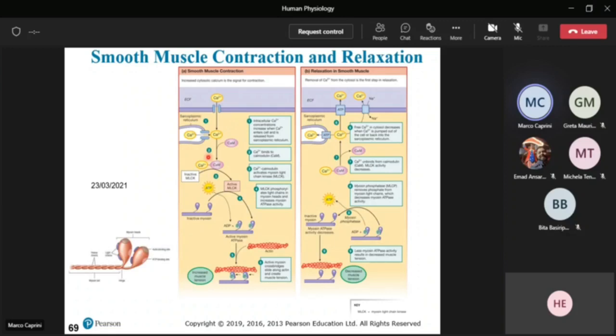Let's analyze the steps one by one, okay? The increase of cytosolic calcium initiates the contraction. But pay attention, the calcium ions can come from the outside or the inside of the sarcoplasmic reticulum, even if it is not so organized or so present compared to the skeletal muscle.